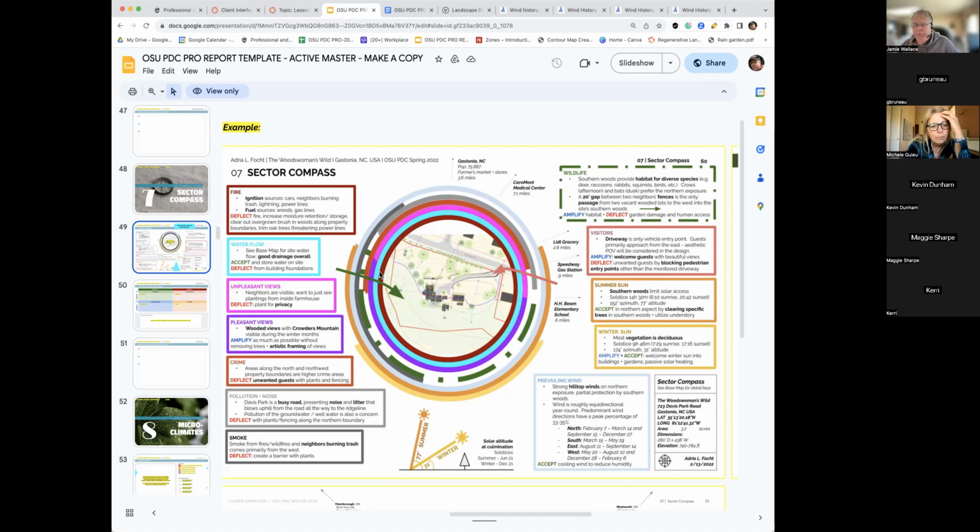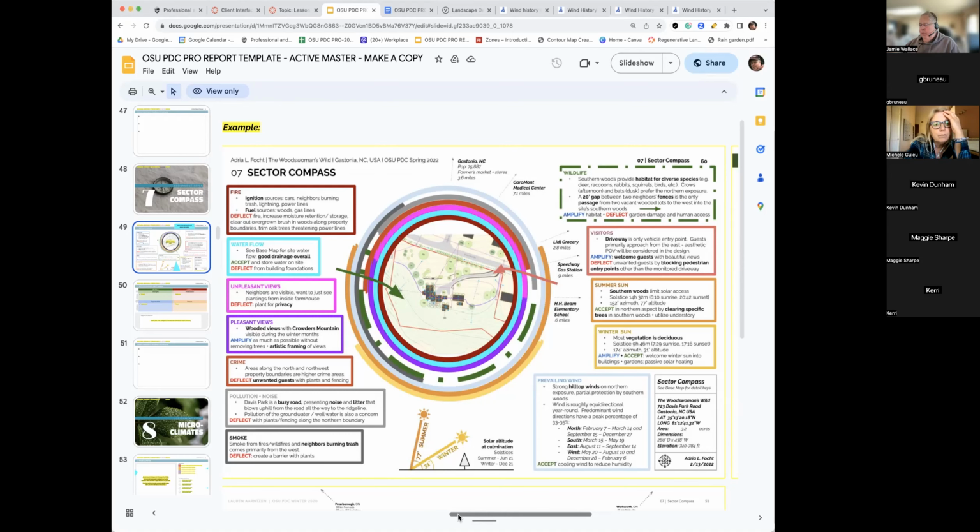Now, one thing I will say about the fire sector is if you're in an urban location, I would not expect to see a fire sector of any significance around your structure. If you're on acreage and you have, say, an interface, I'll just get the Google Earth going here to show you what I mean.